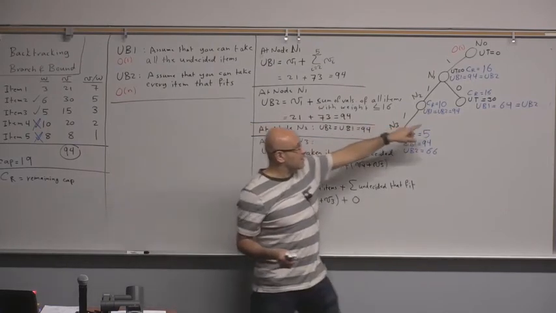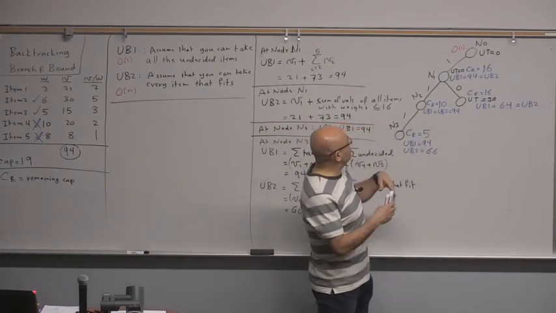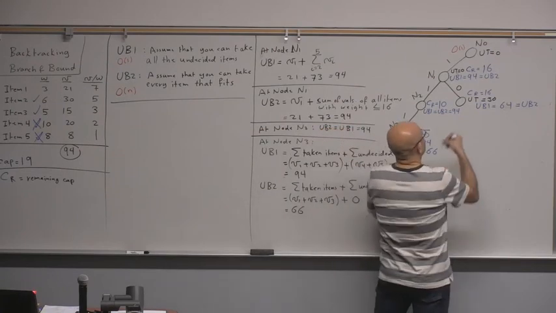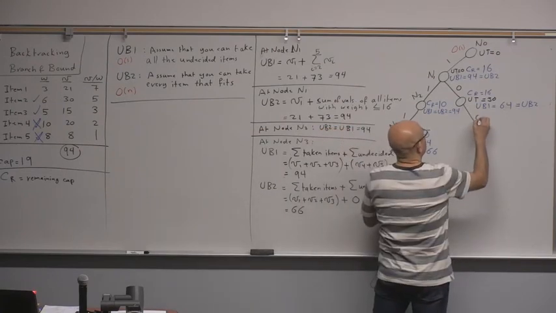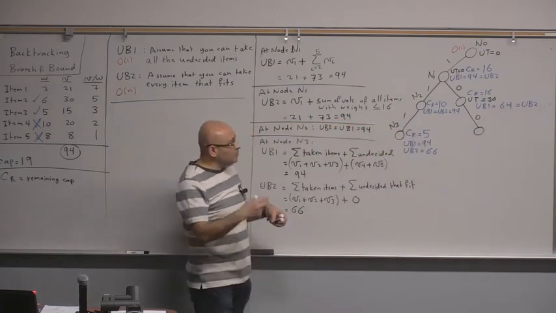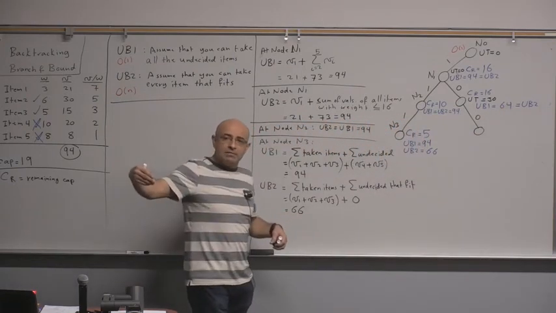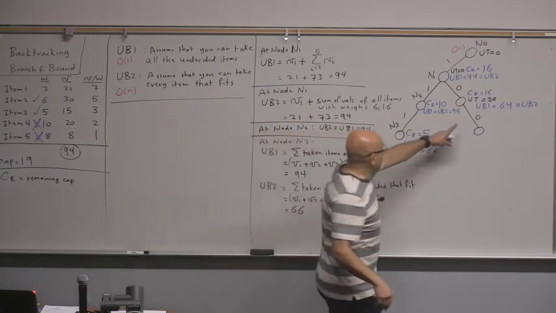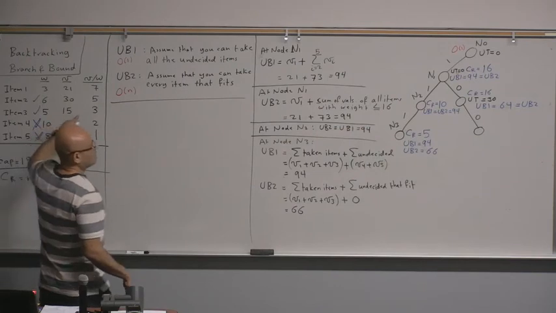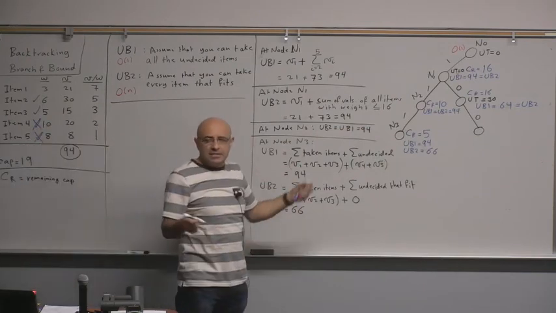But here it's 64. And if you decide not to take another item, item 3, then this will get even smaller. Because upper bound 1, you just keep subtracting the items that you have decided not to take. So here you have to subtract 15, and it's going to get small.